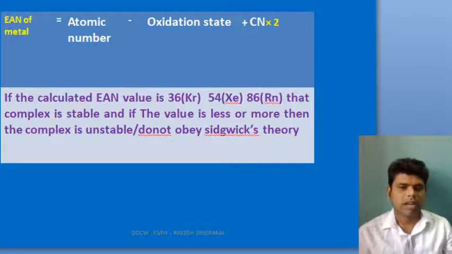That's Sidgwick's proposal. Sometimes it may not, and then you can say it is not following Sidgwick's theory. If it is not attaining that, you may say the complex is less stable.